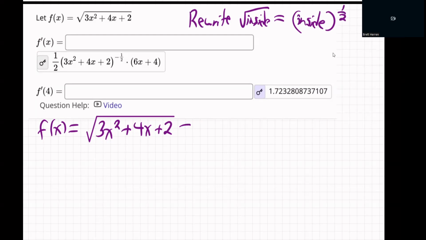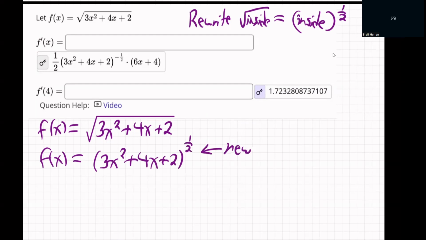So this is going to equal, 3x squared plus 4x plus 2 to the half power. That's just a rewrite. That's not the derivative yet. Just because that makes it easier. Square roots are half powers. Whenever you have the square root over something, that's a half power.